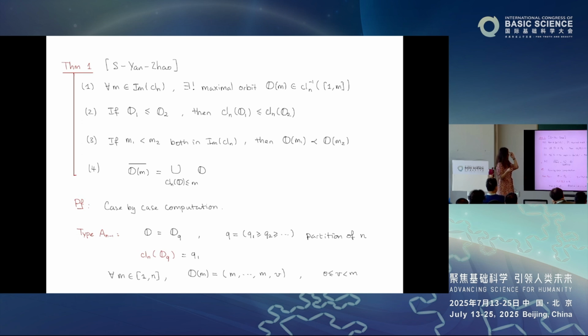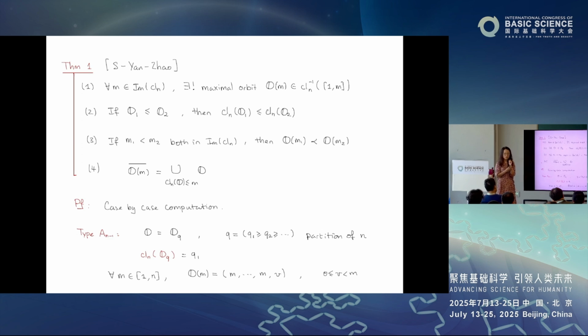And if an integer is smaller than the other, and they both belong to the image, then the orbit O(m) we assign to it will satisfy this partial order relation, so O(m1) will be smaller than O(m2). You can also show that the closure of O(m) is just the union of all the orbits whose value under this map is smaller than m.